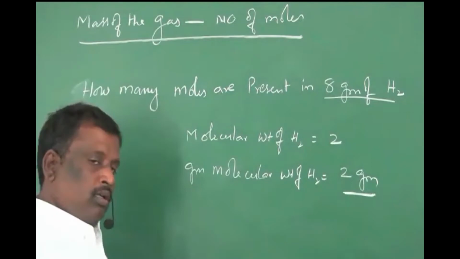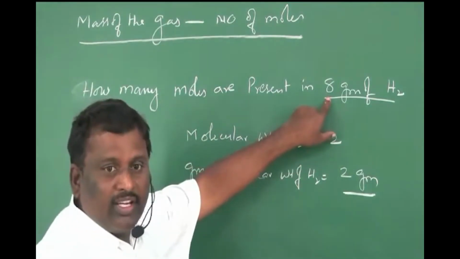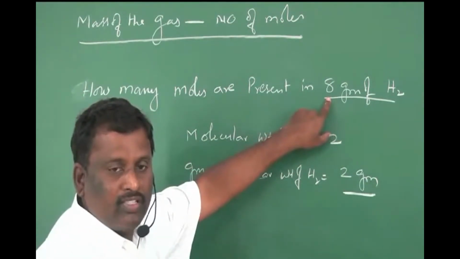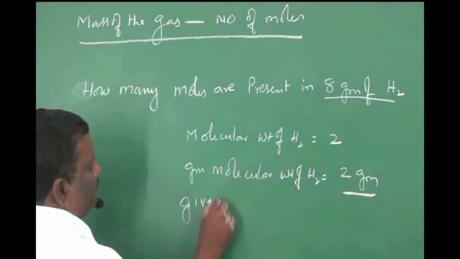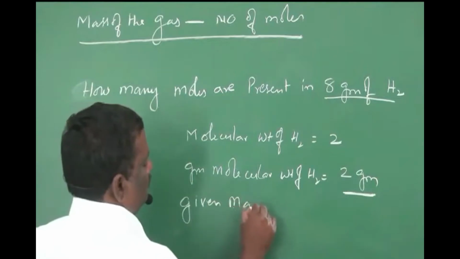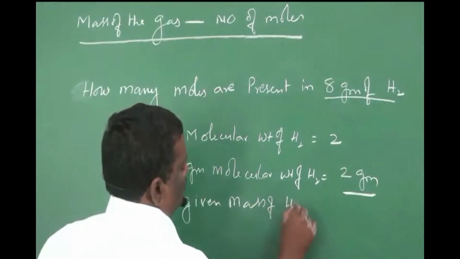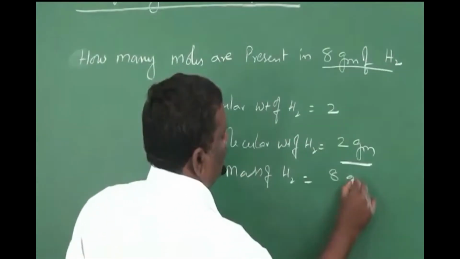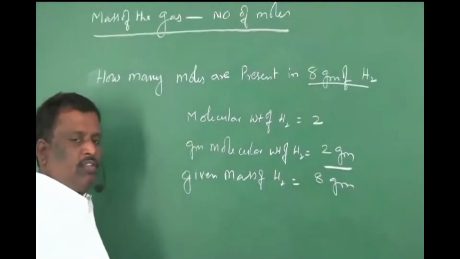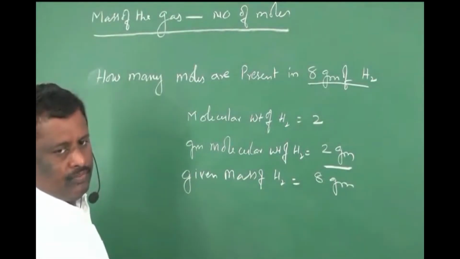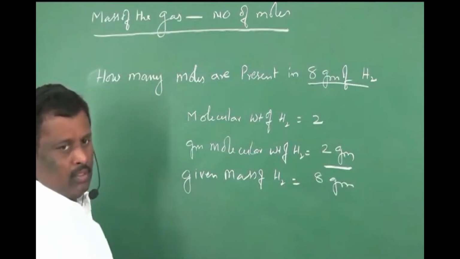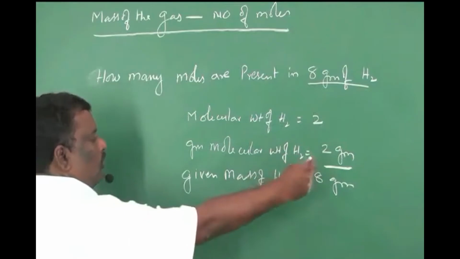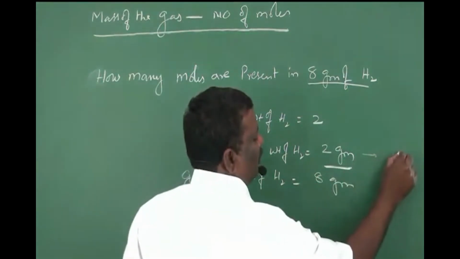Now, here mass of the hydrogen was given, that is, given mass of hydrogen is 8 grams. Now, how many moles are present in it? We know that 2 grams will be equal to 1 mole.